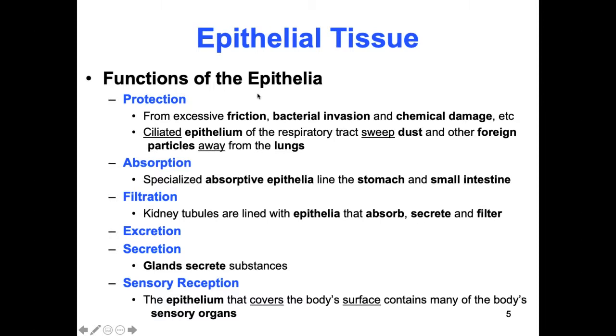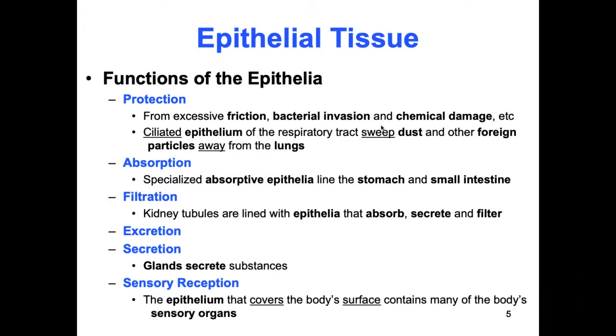So epithelium serves the primary purpose of protecting us. There's also cilia that we can find on epithelium. We see the cilia on the respiratory tract, especially within the windpipe, along the trachea.